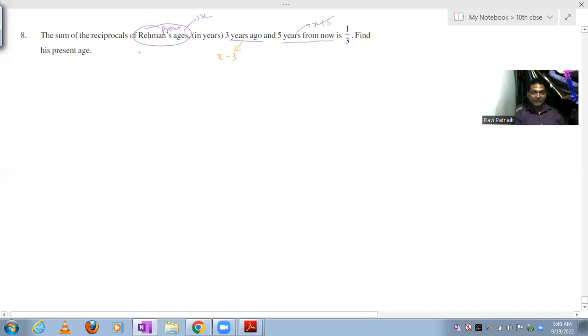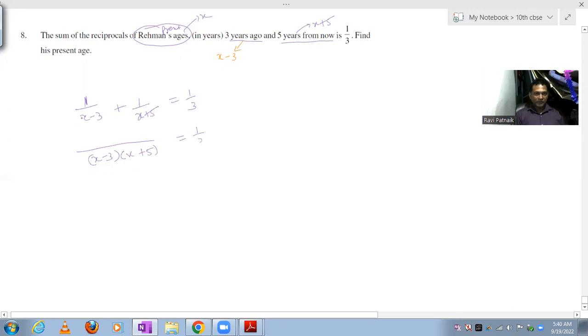So the reciprocal of Rahman's age 3 years ago means 1 by x minus 3 plus 1 by x plus 5. That is equal to 1 by 3. Right? So take LCM here. x minus 3 into x plus 5, that is equal to 1 by 3.